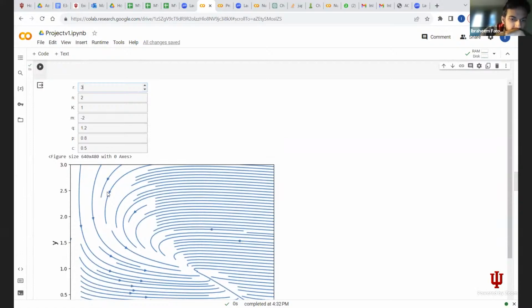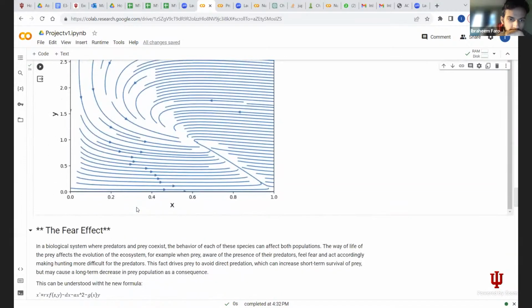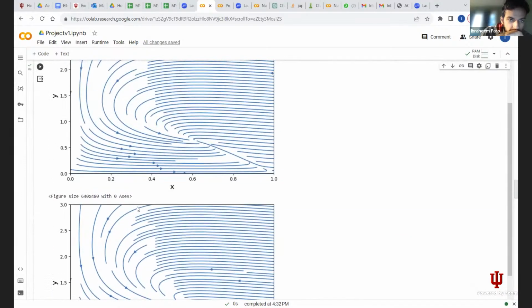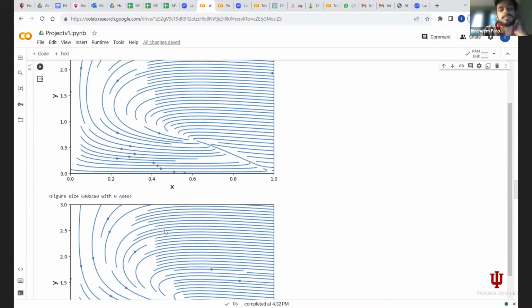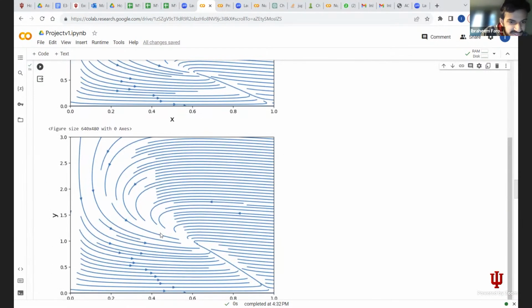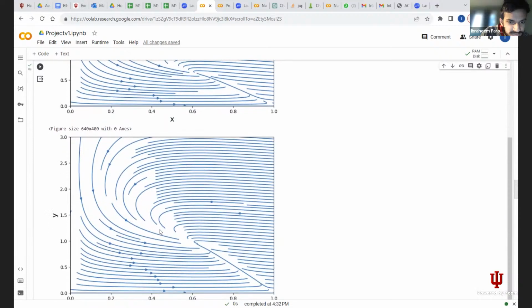In comparison, if we change the growth rate, wait, maybe I'm not even understanding this myself. It seems like just the slope of this line is what's changing when you change the growth rate.